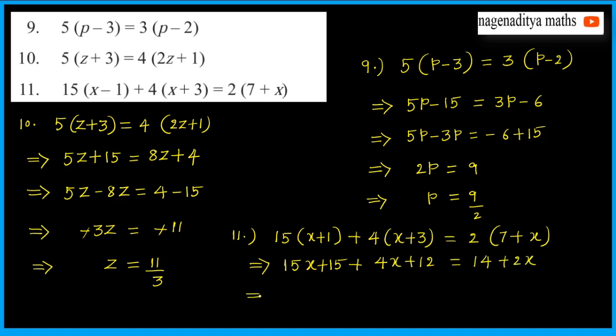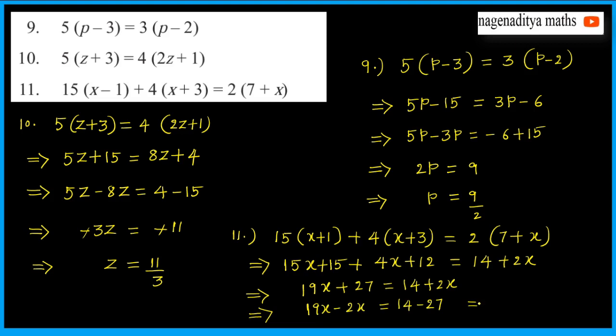So this implies 15x plus 4x, that is 19x, 19x plus 15 plus 12, that is 27, is equal to 14 plus 2x. So this implies 19x minus 2x is equal to 14 minus 27.